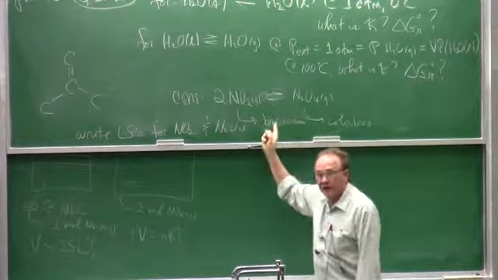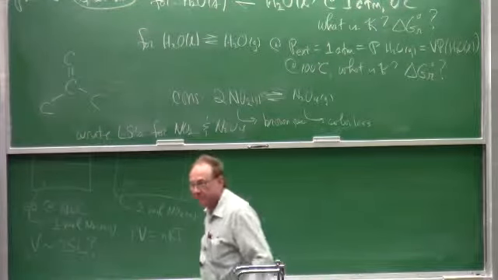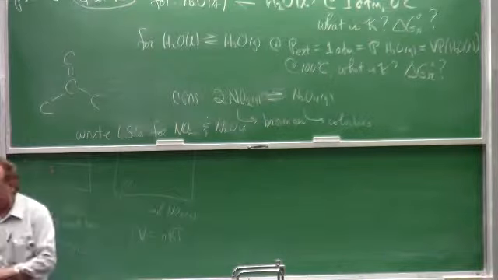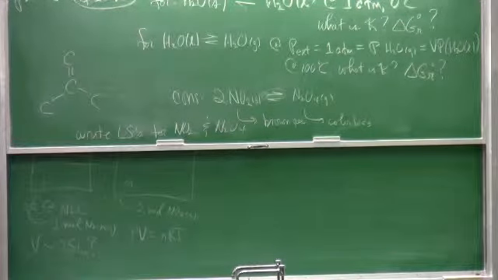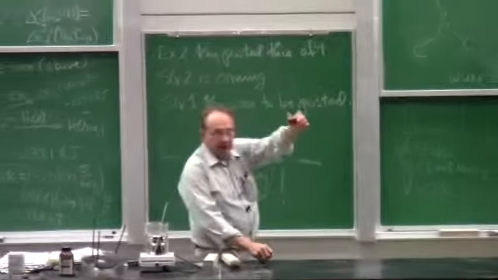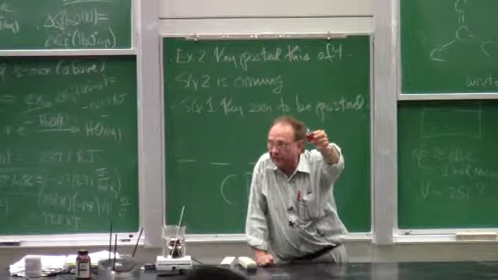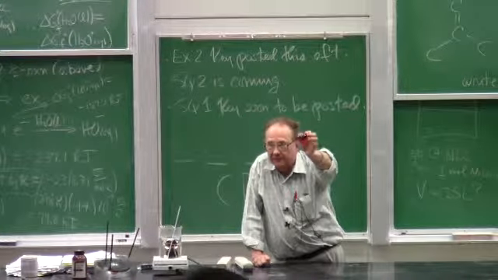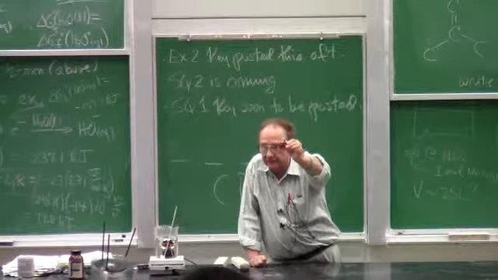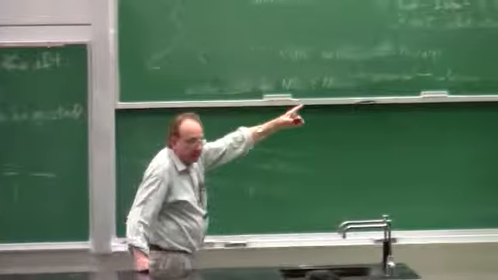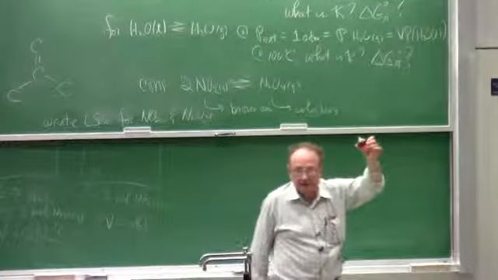So given that this reaction is exo, if I have this reaction system, like I do right here in this flask, in this flask I have a mix of NO2 gas, which is brown, and N2O4 gas, which is colorless. If I take the contents of this flask and heat, am I going to shove that reaction as written, or am I going to shove it in the opposite direction?